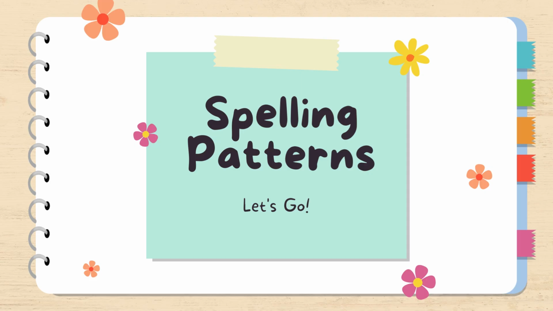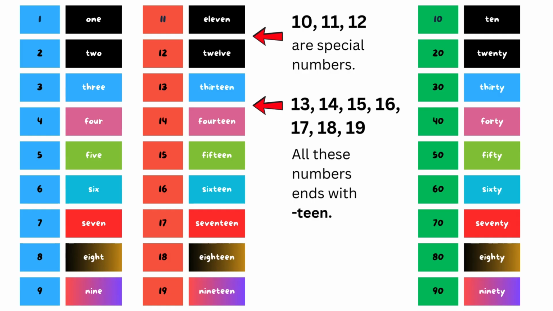Aside from that, there are some spelling patterns that we can remember in writing number names. So, for 10, 11, and 12, let's remember that they are special numbers.